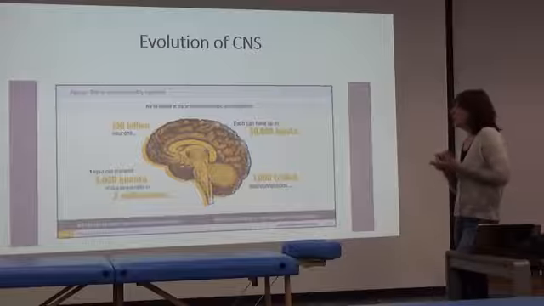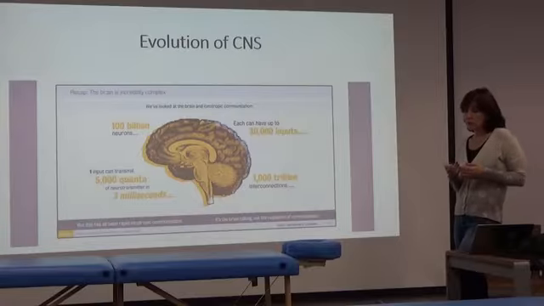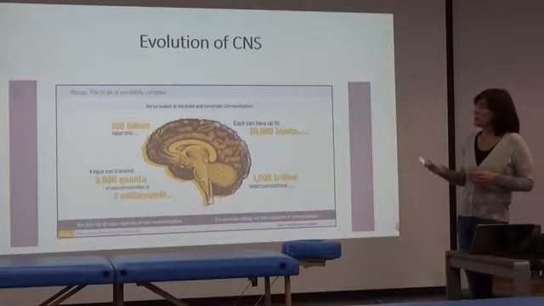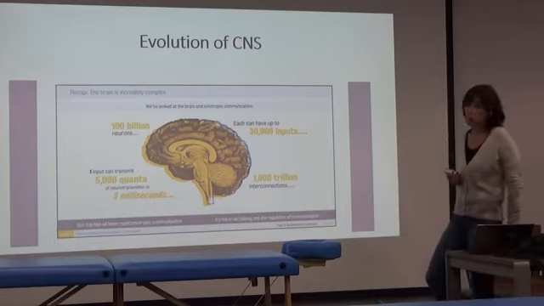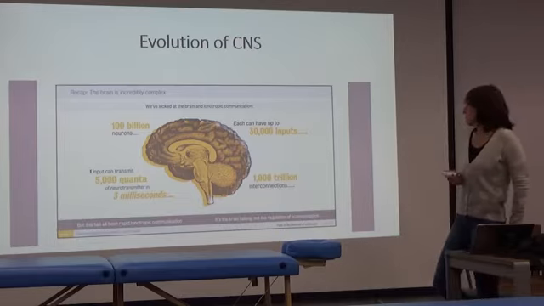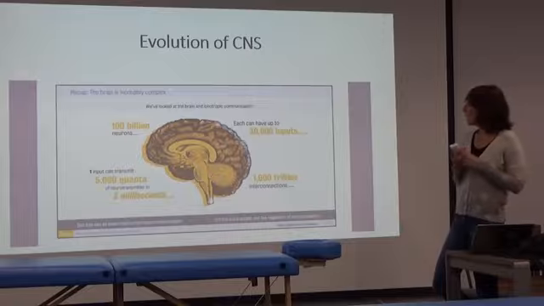If we think about our nervous system, it's really incredible. This is a slide from King's College University, from our neurophysiology course. And it says that we've got 100 billion neurons.